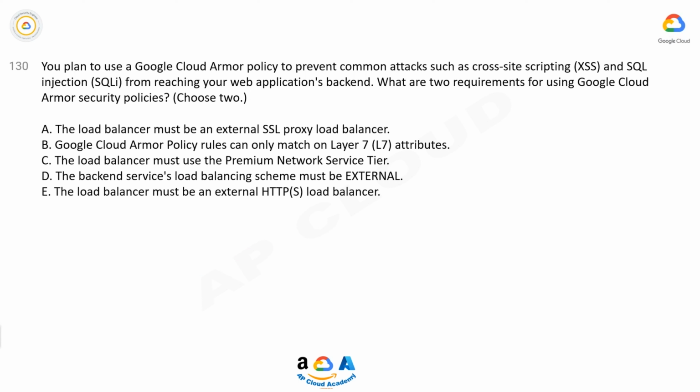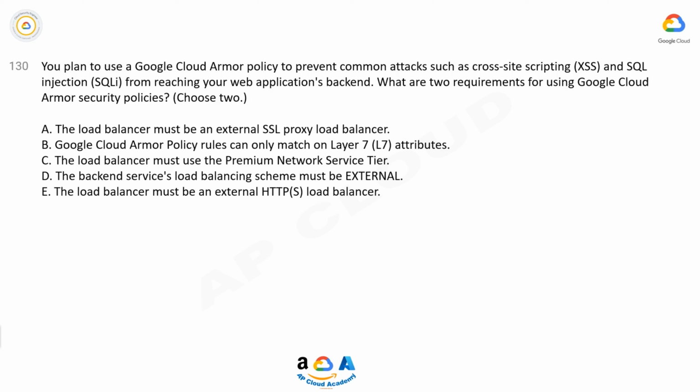130. You plan to use a Google Cloud Armor policy to prevent common attacks such as cross-site scripting, XSS, and SQL injection, SQLi, from reaching your web application's backend. What are two requirements for using Google Cloud Armor security policies? Choose two. A. The load balancer must be an external SSL proxy load balancer.